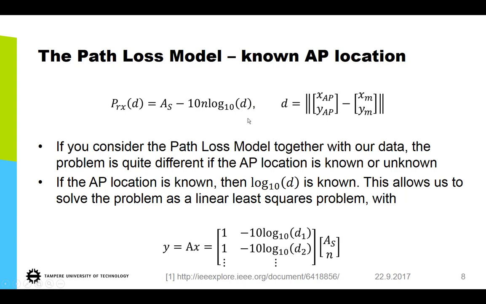If you know the location of the access point, you can calculate D. If D is known, you can calculate the logarithm. And if you can calculate the logarithm, this allows us to solve the problem as a linear least squares problem, written here. We will now do this in MATLAB.